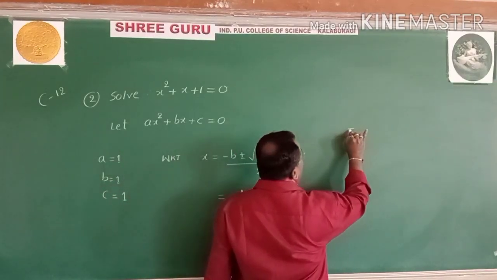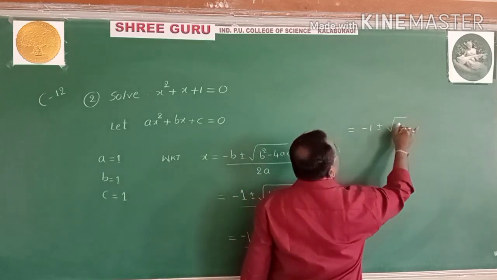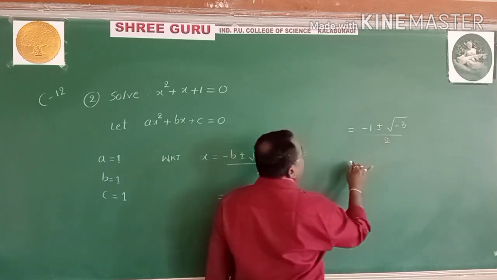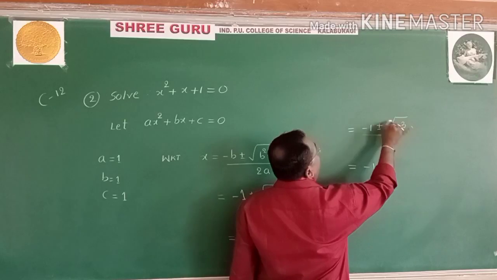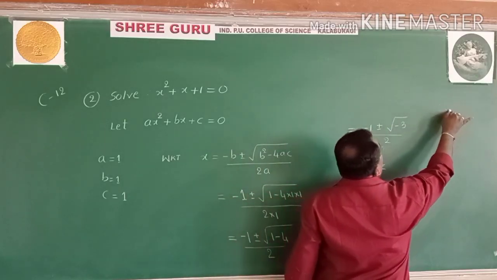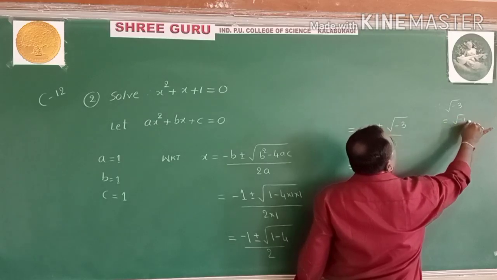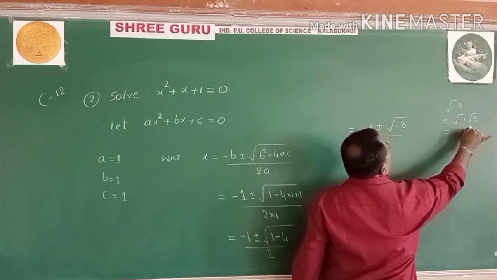Here x is equal to minus 1 plus or minus, 1 minus 4 is what? Minus 3, divided by 2. Take the negative outside, because root of minus 3 can be written as root of minus 1, root of 3. Root of minus 1 is what?